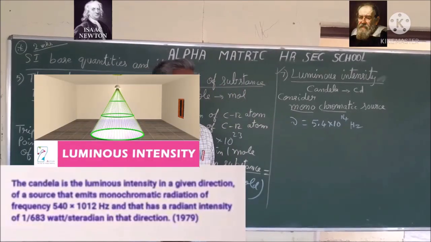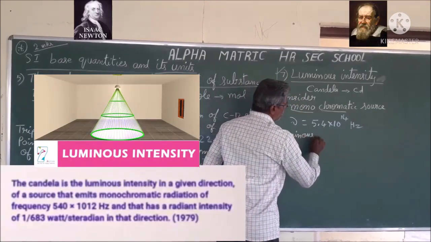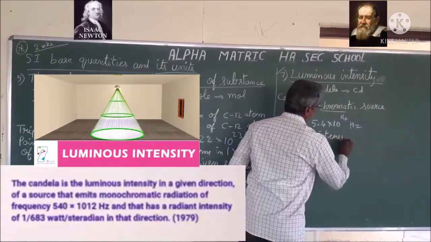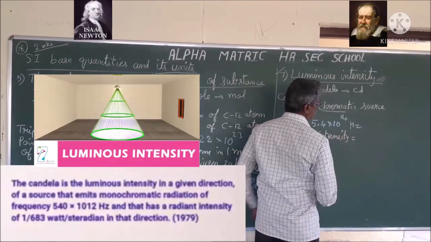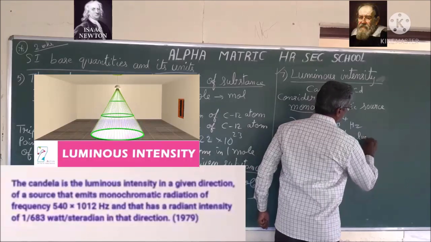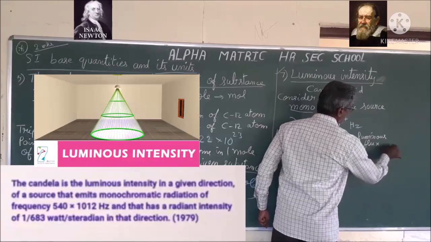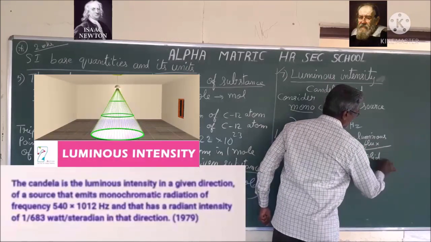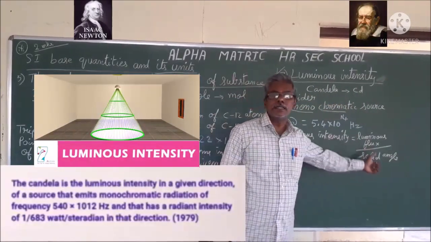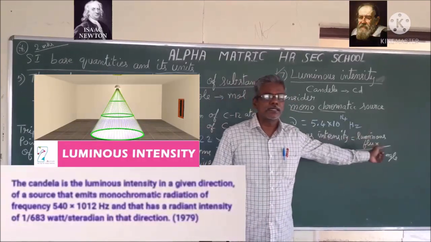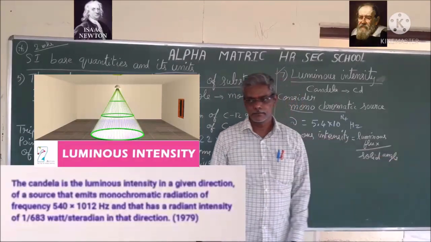We know the formula for luminous intensity: luminous intensity is equal to luminous flux divided by solid angle. We will discuss solid angle later.